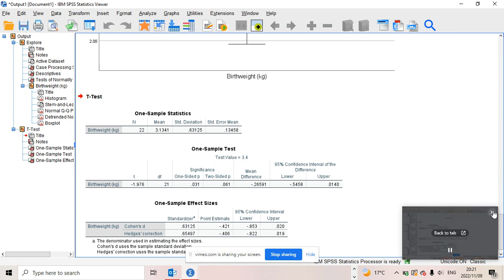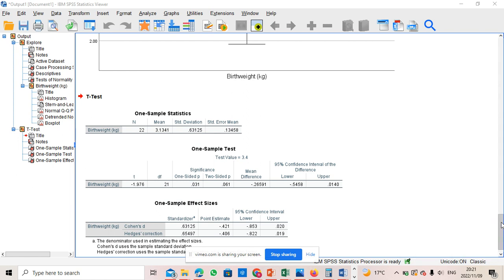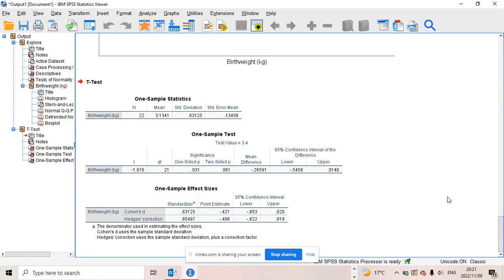Here we have the result. These are the results. Okay. Let's start from here. You see the t-test, one sample statistics. This is the mean, the calculated mean. Remember, we said the average birth weight is 3.4 kilograms.